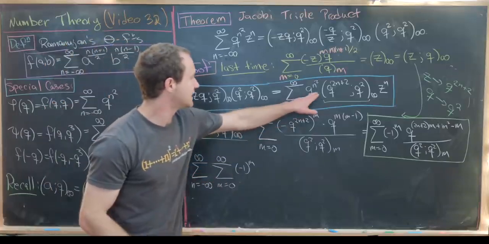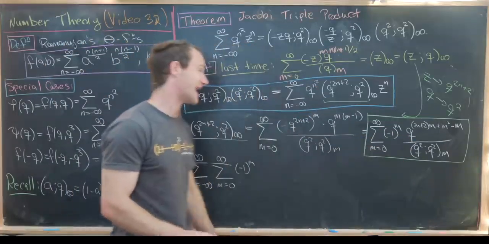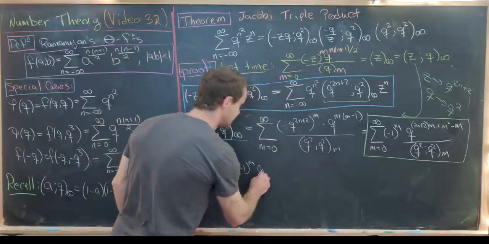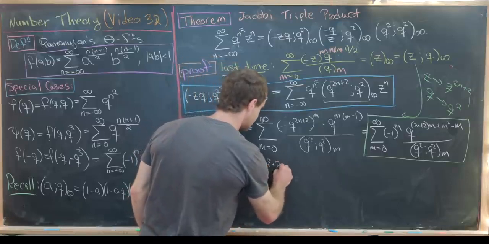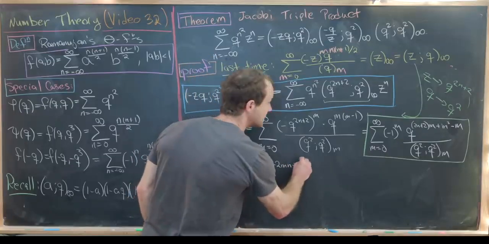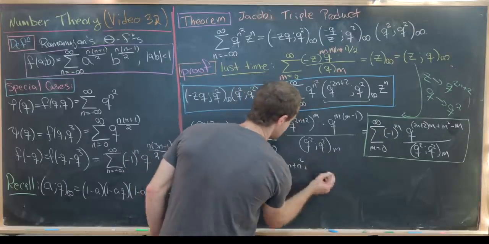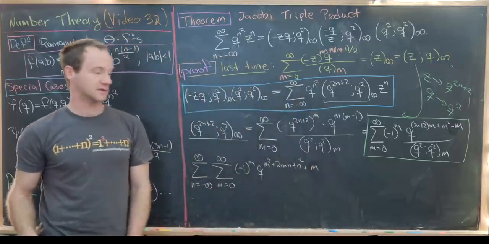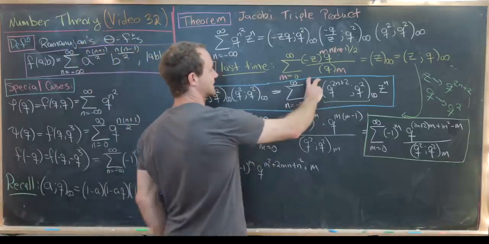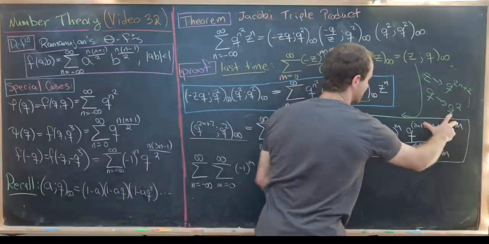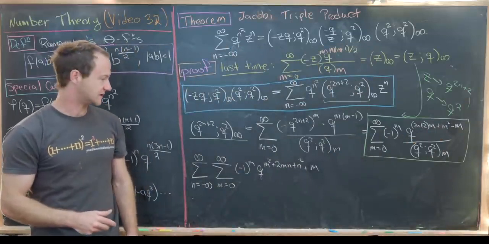And now I can start putting these things together. So notice I have a q to the n squared times that power of q. So that's going to be q to the, maybe we'll multiply this stuff out, m squared plus 2mn plus n squared, and then plus 2m minus m, so that's going to be plus m, like that. So just to reiterate where that came from, multiplying this q to the n squared with q to this large power here, and then doing some standard arithmetic.